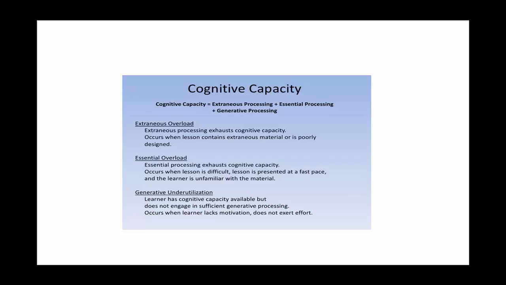It occurs when the lesson is difficult, is presented at a fast pace, and the learner is unfamiliar with the material. Generative underutilization: the learner has cognitive capacity available but does not engage in sufficient generative processing. It occurs when learners lack motivation and do not exert effort.